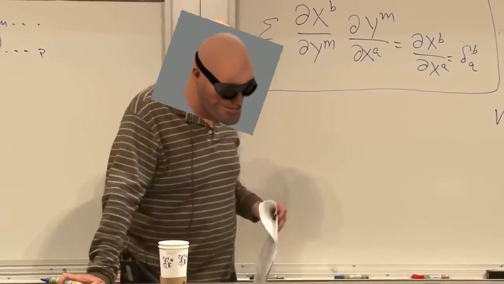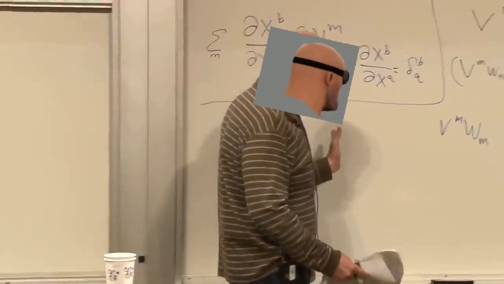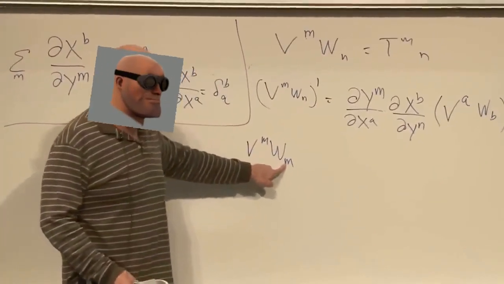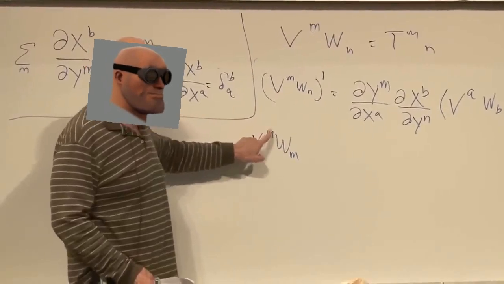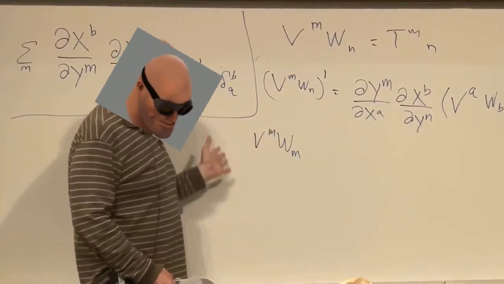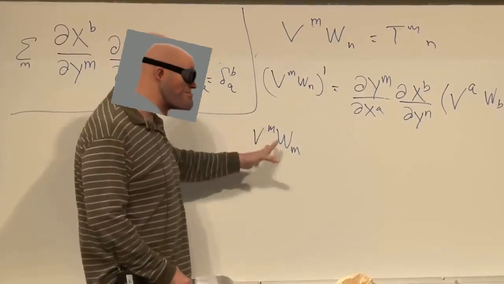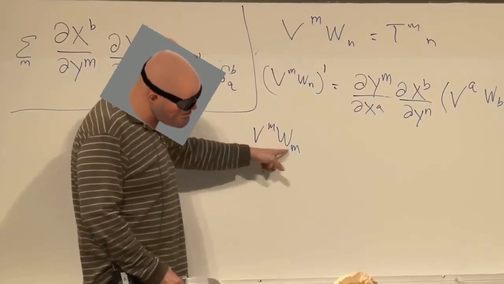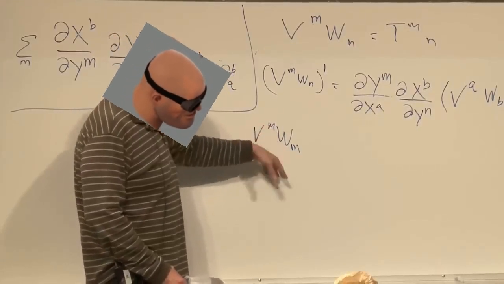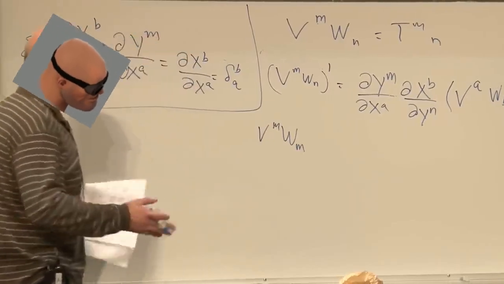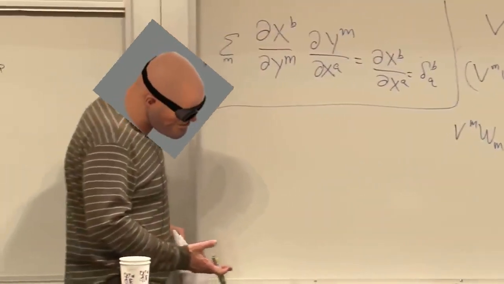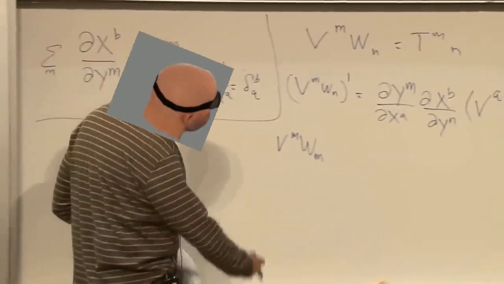It has no indices. What about these indices? No. These indices are summed over. This is not the one component of something or the two component. It's like a dot product: the one component, the two component, the three component, all added together. The result has no components. They're summed over.